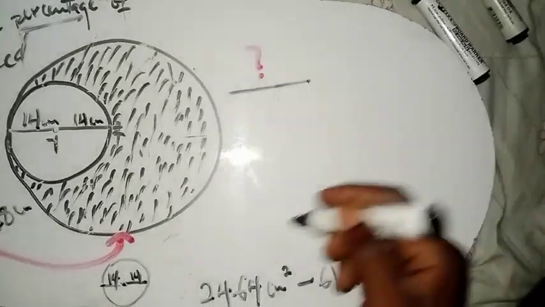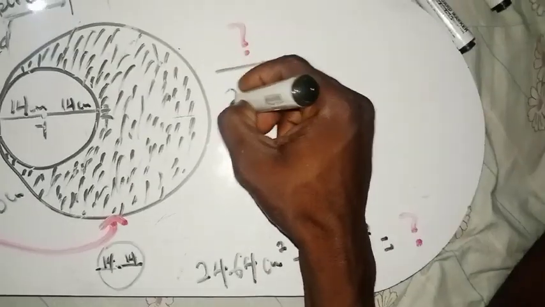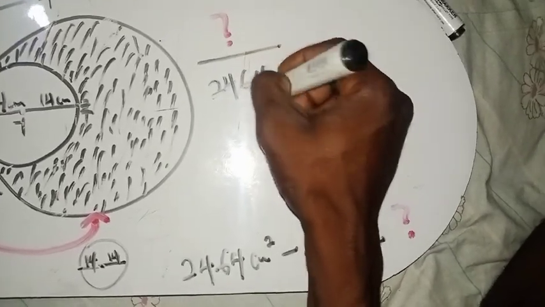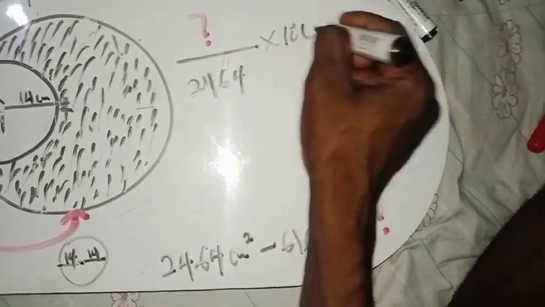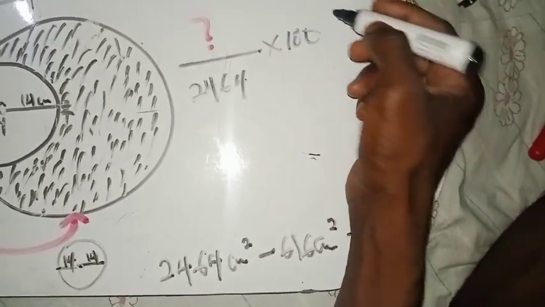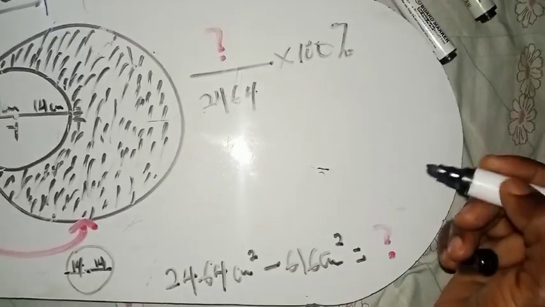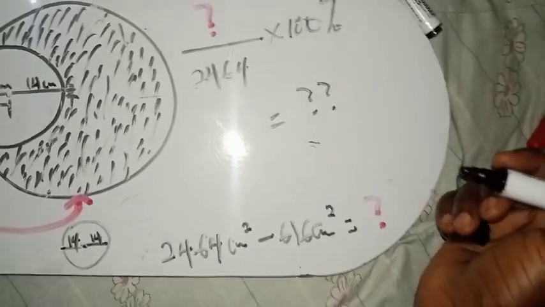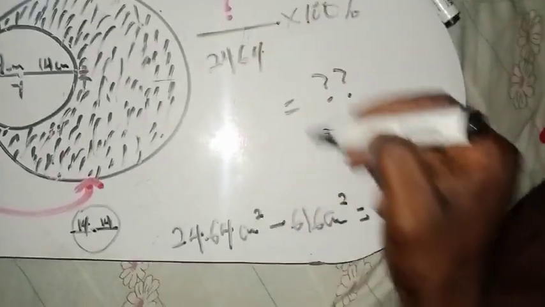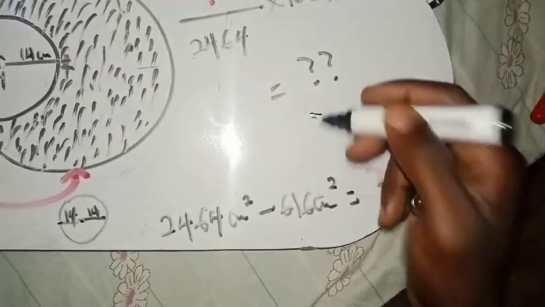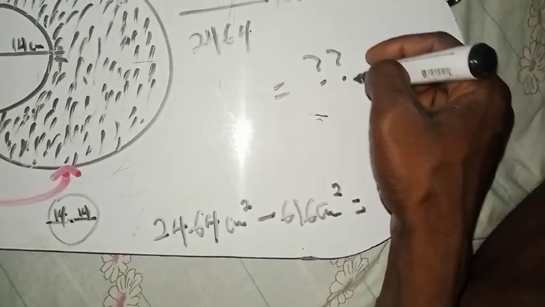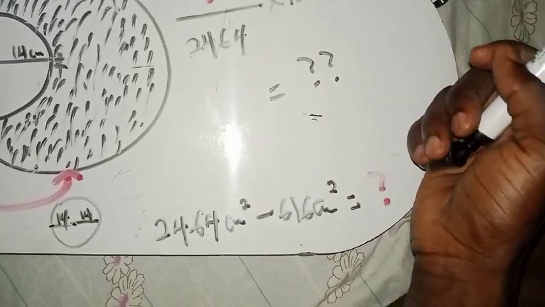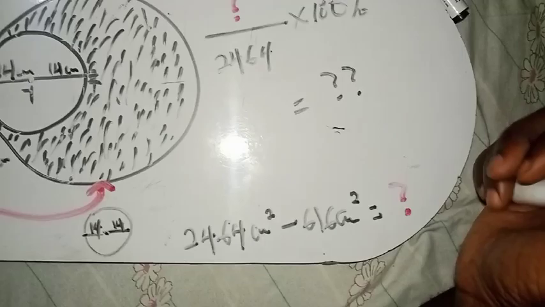So divided by the bigger one, this is going to be 2464, and everything multiplied by 100 is the percentage, right? So 100 percent. Then this will be your second value. So you just bring a question mark and give me the value in the comment section below, and then a double question mark here, and give me the value of the percentage here, right? That tells me that you are participating.